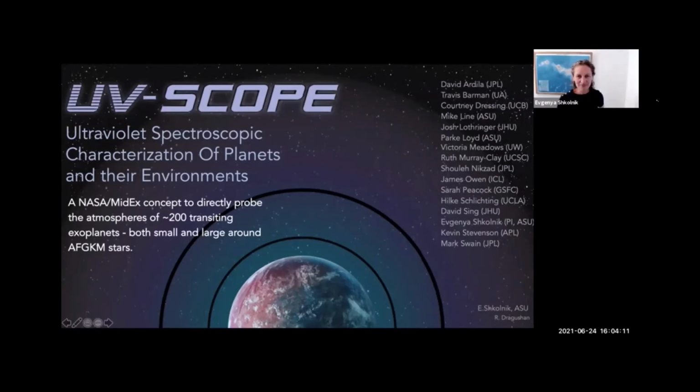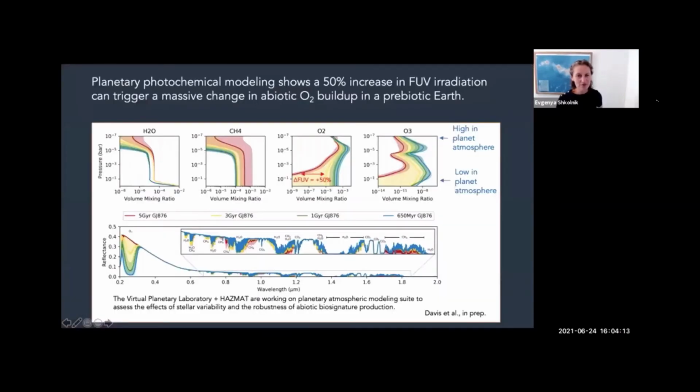And so all these data, both from SPARCS and from UV Scope and still ongoing programs with HST, are to help us understand the planet's atmosphere, both for large and small planets, but here's an example specifically for a prebiotic Earth, right? This is showing you a model.